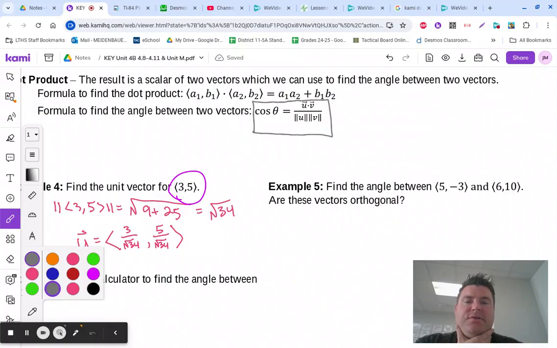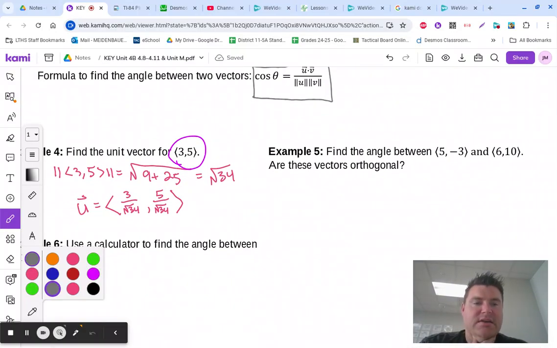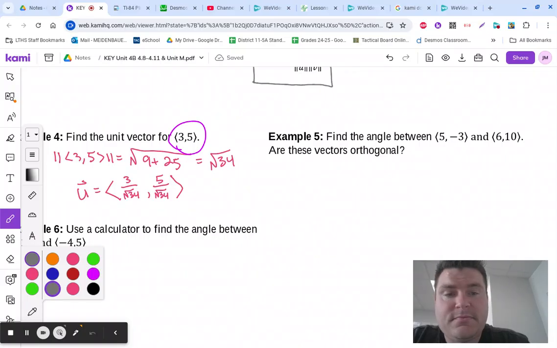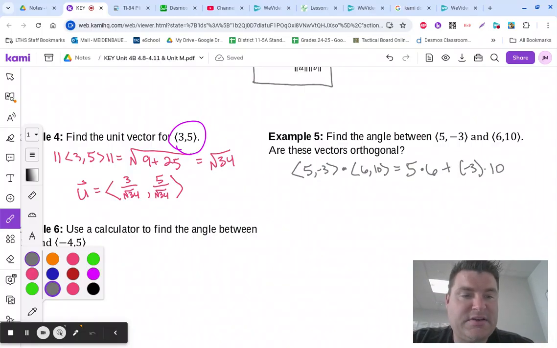Okay, so let's go ahead and use this information to find the angle between 5, -3 and 6, 10. So I'm going to do 5, -3 dot 6, 10. So I'm going to get 5 times 6 and then add that to -3 times 10. So I'm going to get 30 plus -30, which is 0.